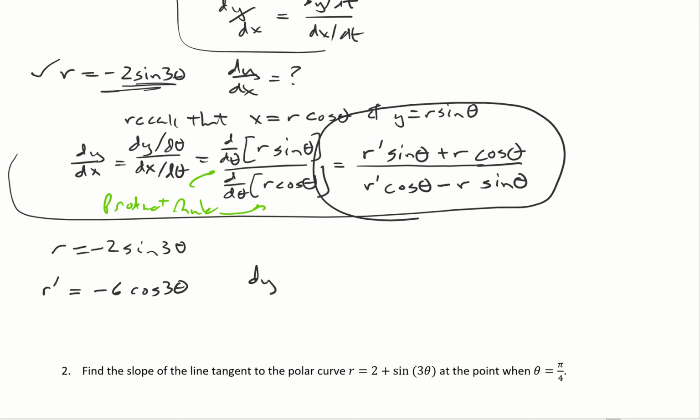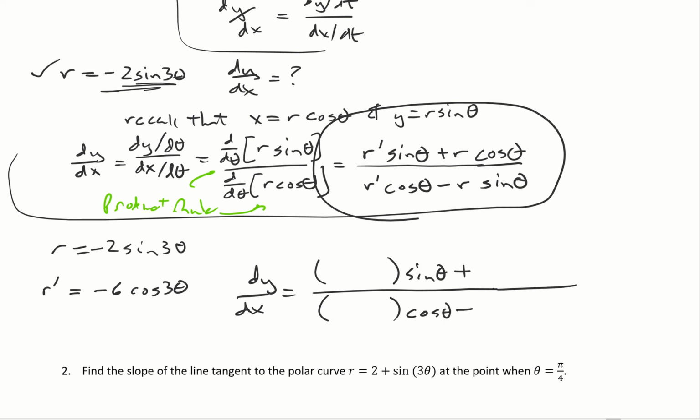So therefore, dy/dx is, you don't have to memorize it. But what you do is you end up going r prime goes here times sine, r prime also here times cosine, plus here minus there, and then it's r times cosine. And I am sneaking a peek up there, and then r times sine.